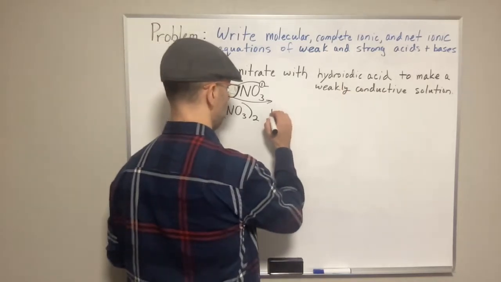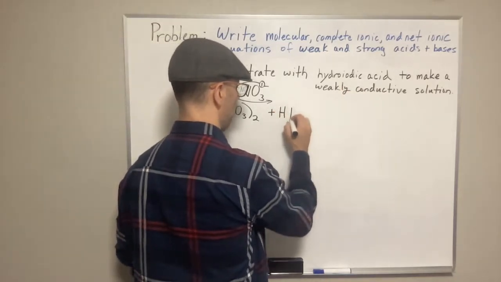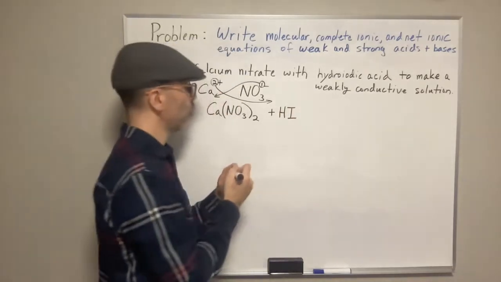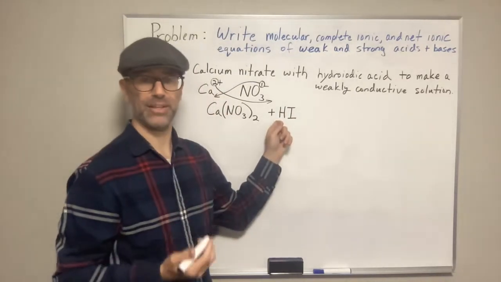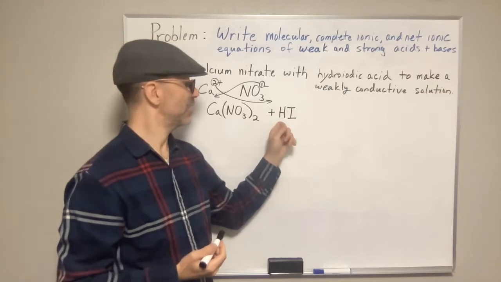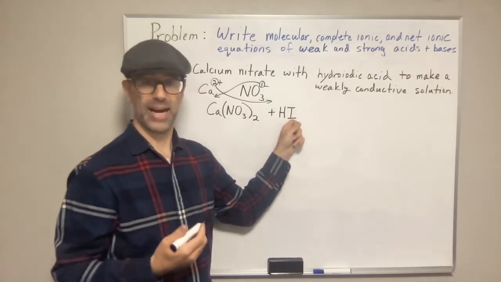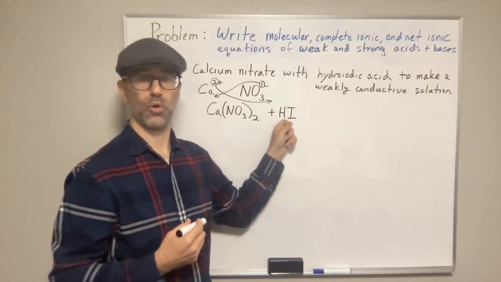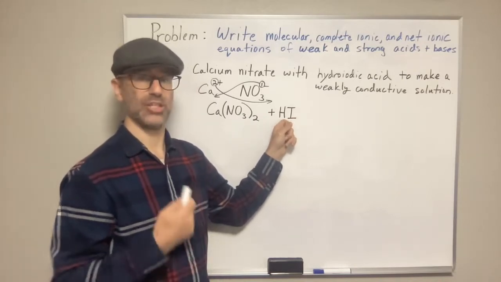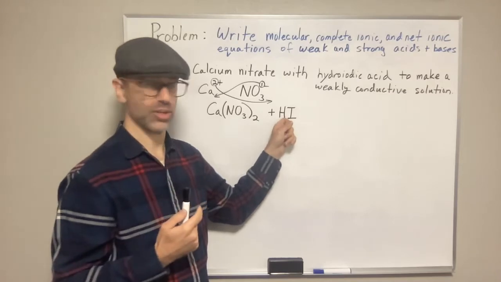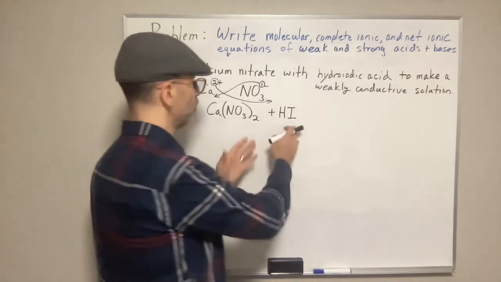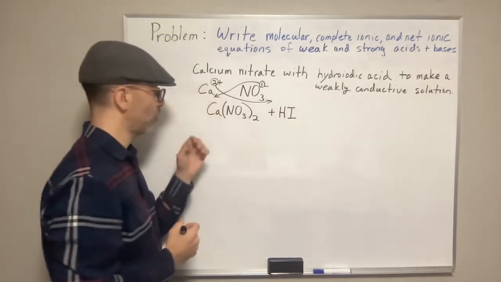So I'm going to write plus HI. And the way you can remember how many hydrogens you need is you could think of this as an ion. And so iodine has a -1 charge. So in order to balance that, you need 1 H plus, so HI. So there's our formulas.